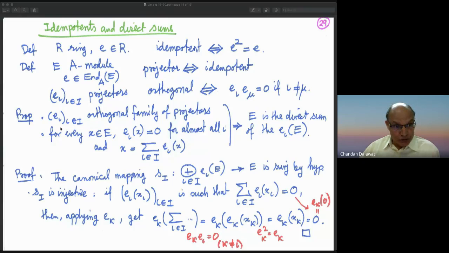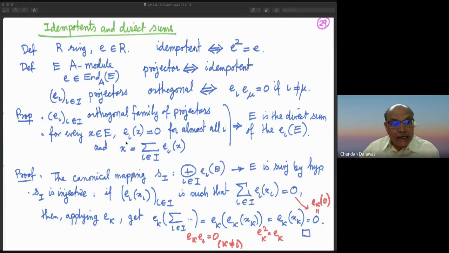Now here is a proposition. It says that if I have an orthogonal family of projectors, and if every x can be written as a sum of their images, so another way of saying this is, I look at the images of these E iotas.